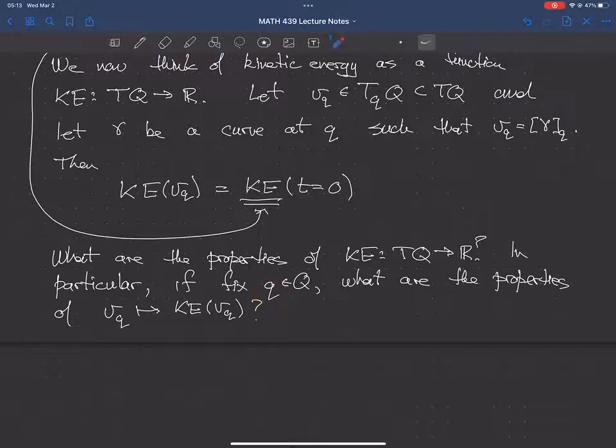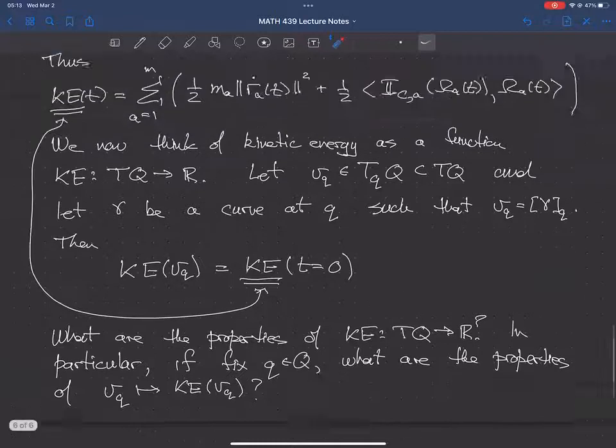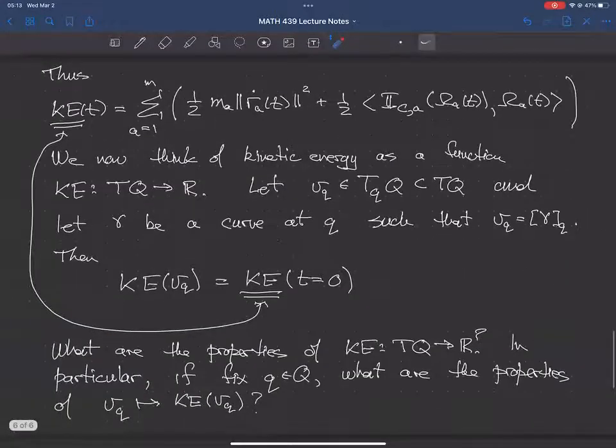So freeze Q and consider this as a function just of velocity. What properties does that have? Well, all right, there's our formula, and I'm interested in how this varies with velocity. I see velocity showing up here in some way. This is the translational velocity, this is the angular velocity, and these velocities are related to this velocity.